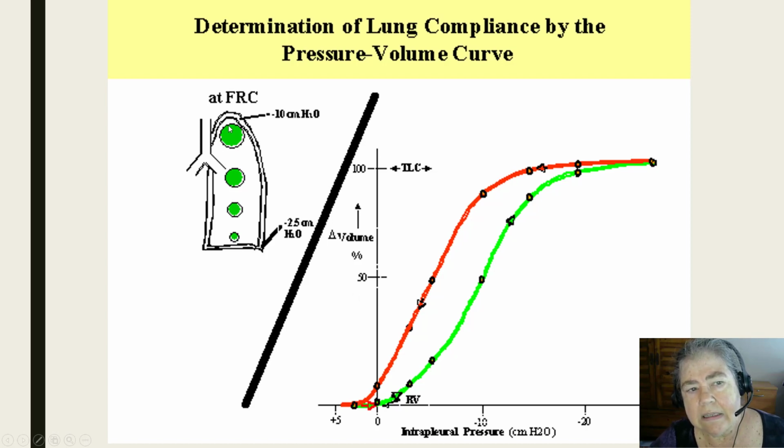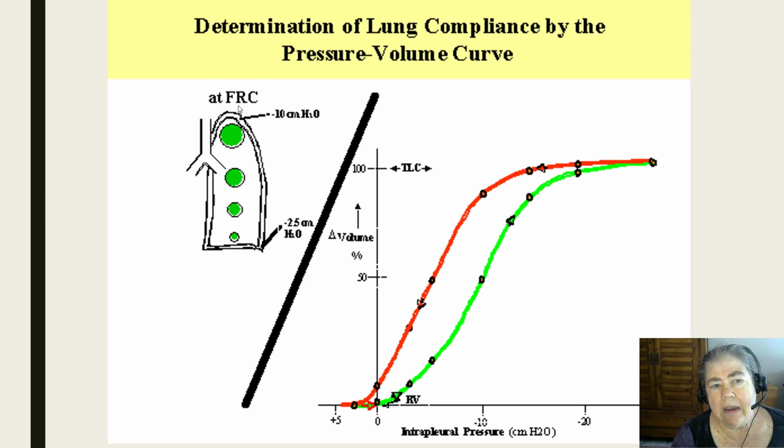One of the things that is also shown in this diagram is that if you think about the lungs functioning in an environment where they are upright and being acted upon by gravity, the intrathoracic pressures within that intrapleural space are different at different points in the lungs.